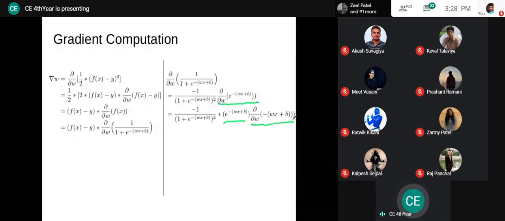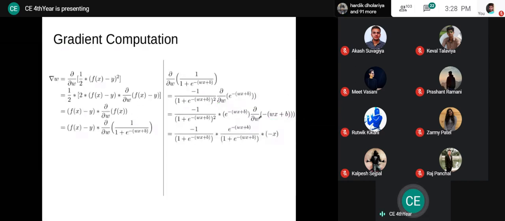Now I guess it is easy for you to predict the next term. Over here we have wx, so the partial derivative with respect to w, and this b bias is a constant. So the next term will be minus x, the partial derivative of w with respect to w being 1.